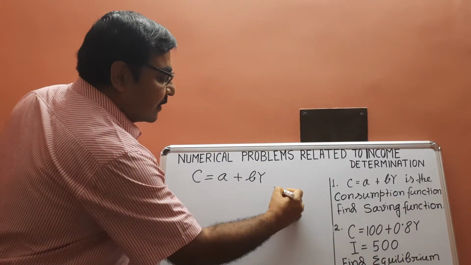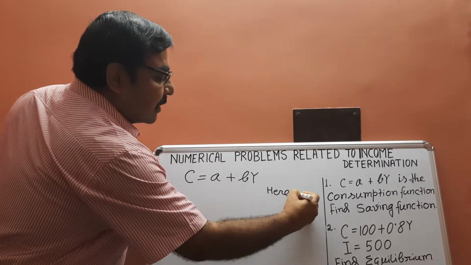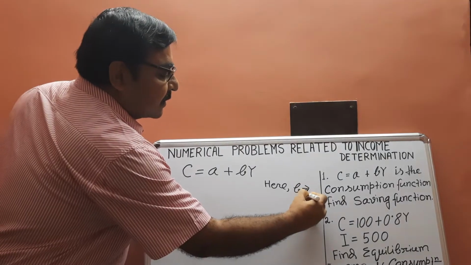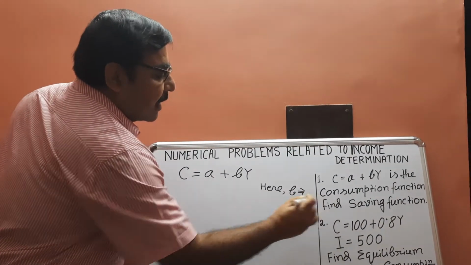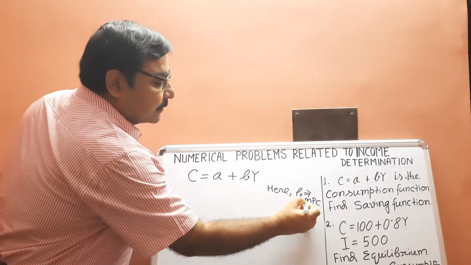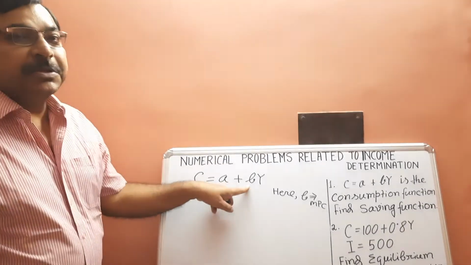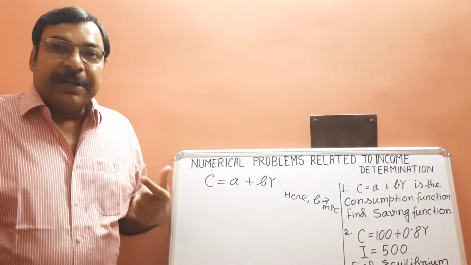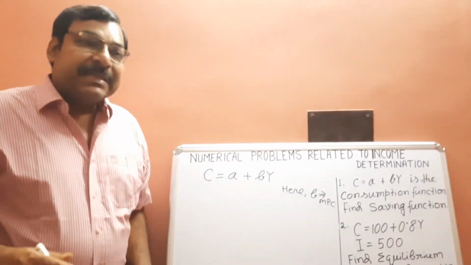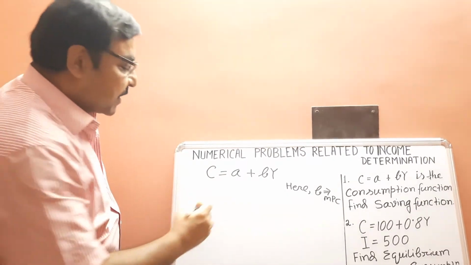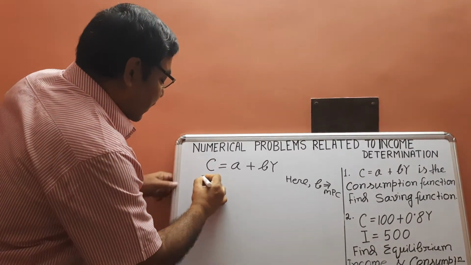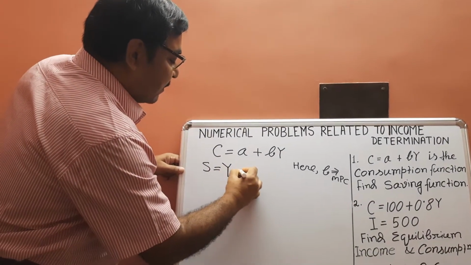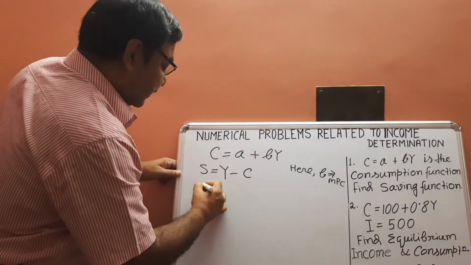Here B stands for MPC, marginal propensity to consume, the slope of the consumption line. You have to find out the saving function. Saving means income minus consumption. Savings is equal to income minus consumption.